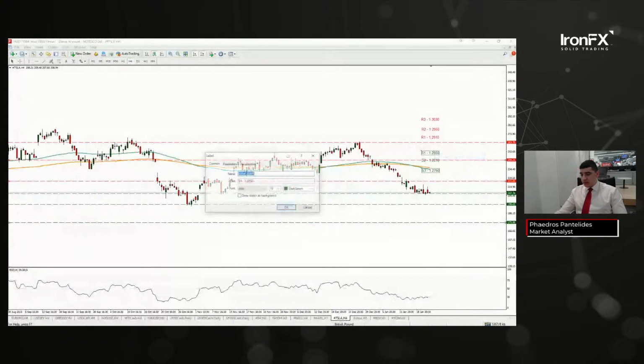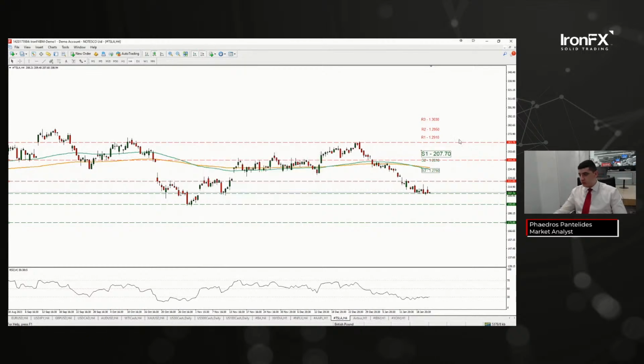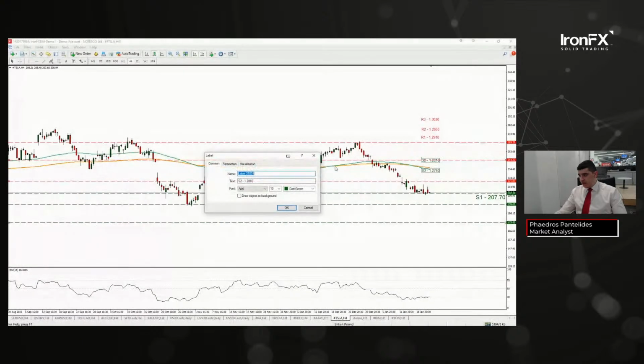So let's just place our support levels. 195.65.